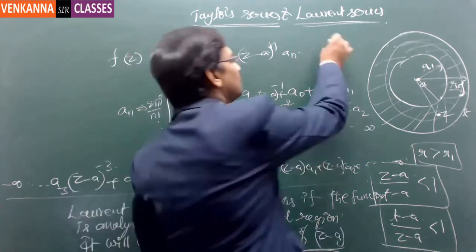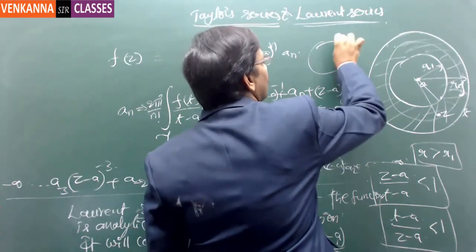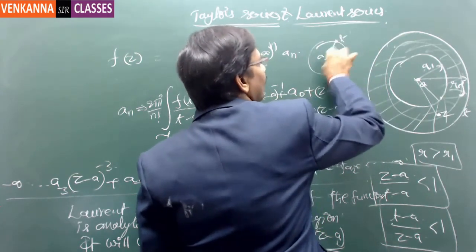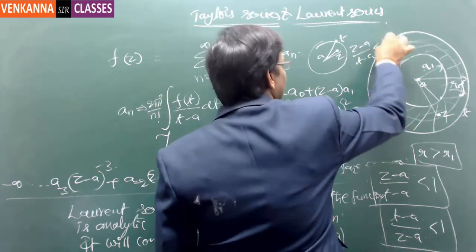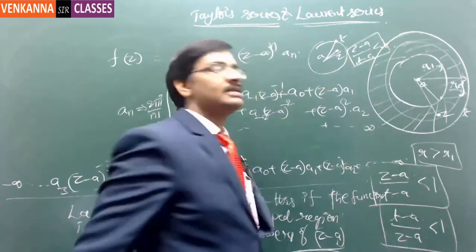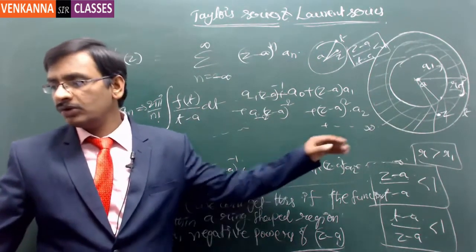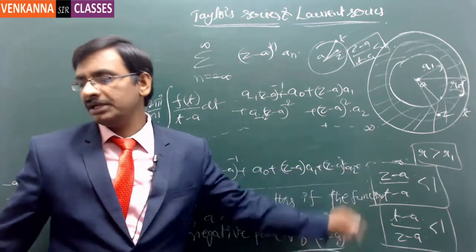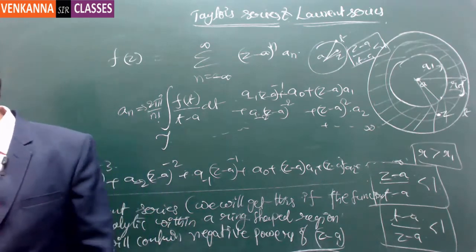This is the closed contour, within this closed contour this is a random Z, and you consider the T value on this, and this is the point A. Then I expanded this (Z minus A) by (T minus A), being less than 1, as a convergent series of binomial expansion. The same property we are going to use in the Laurent series. You have to assure this condition is less than 1. Any questions on this?